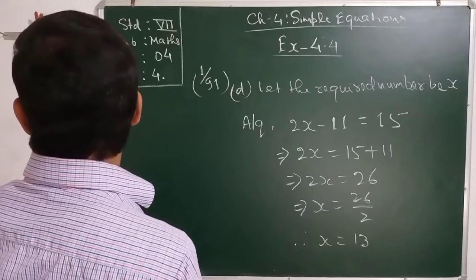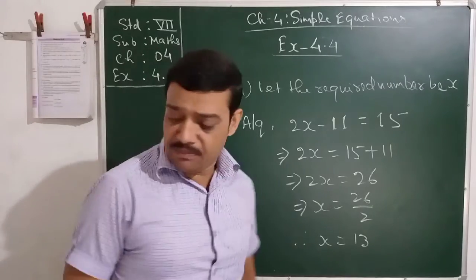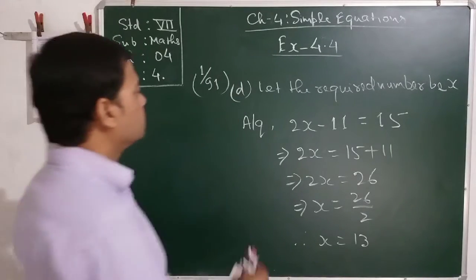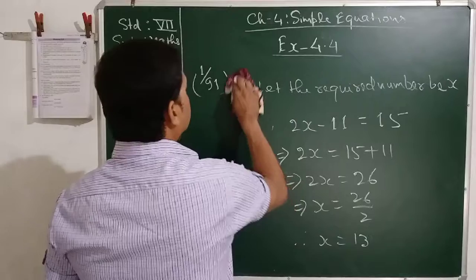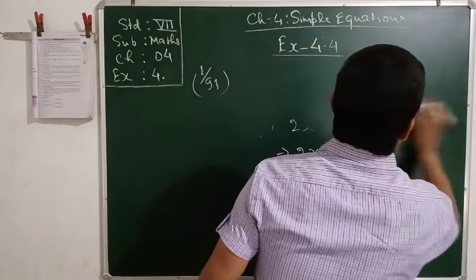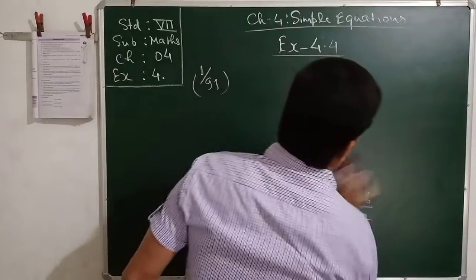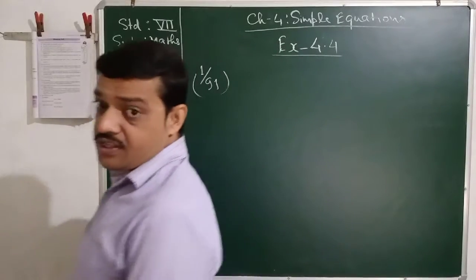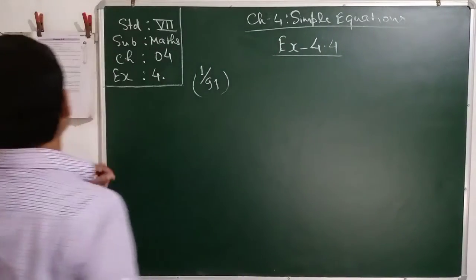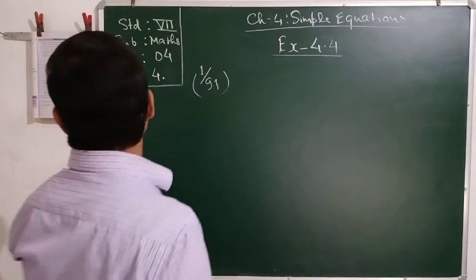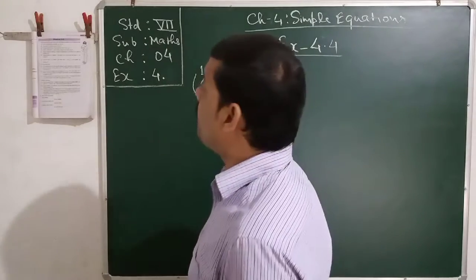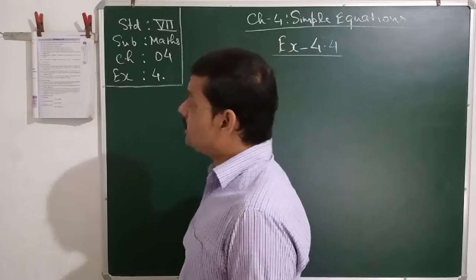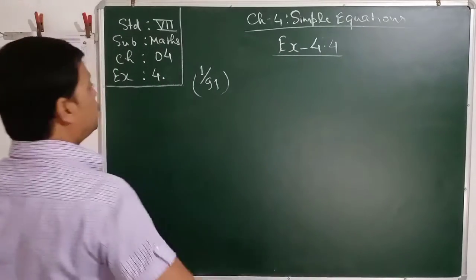Is there any sum much more difficult? Let me try the G number also. See, in the G number sum, it is asked: one thinks of a number, if he takes away 7 from 5 by 2 of the number, the result is 23.